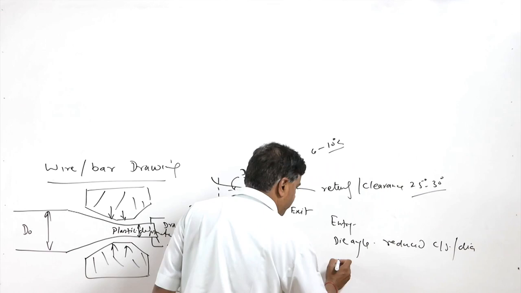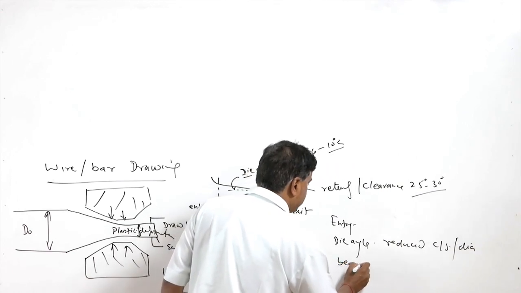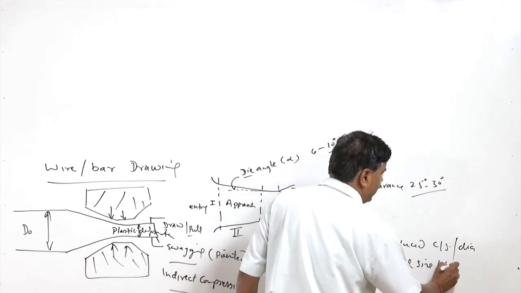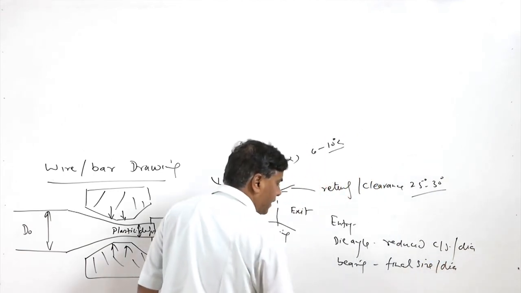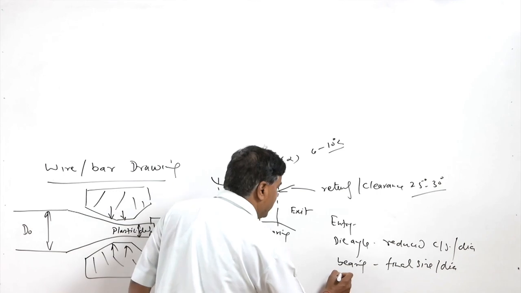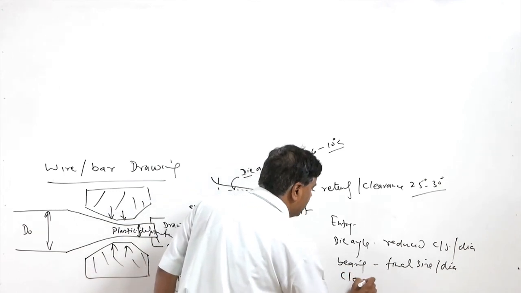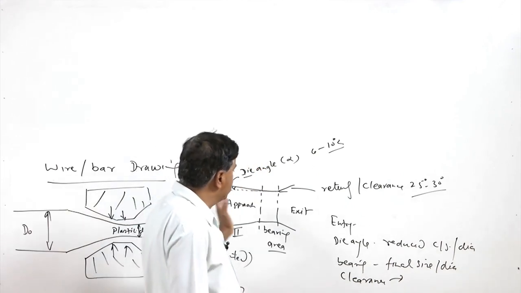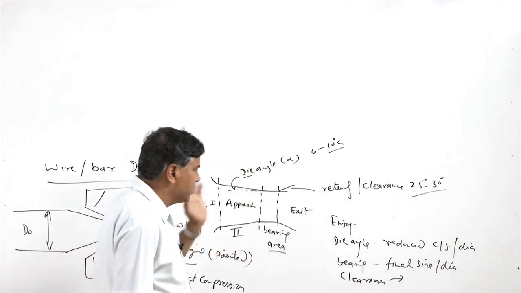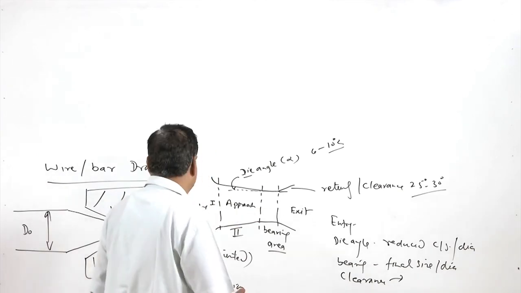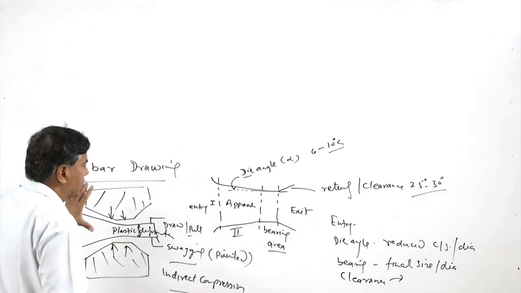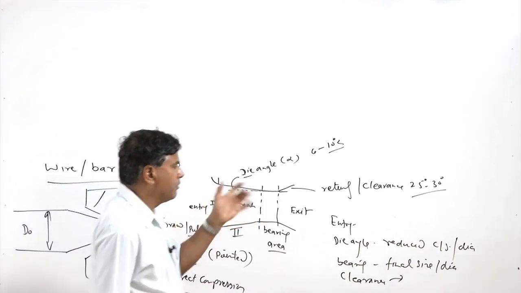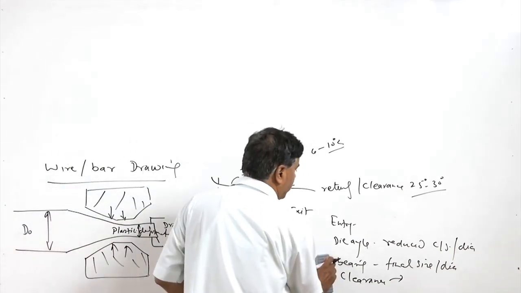Then in the bearing area, the final size or diameter is determined, and then we have the relief or clearance. The clearance helps in the smooth exit of the drawn wire from the die. So, these are the constructional details related to the die and the role of the different components.